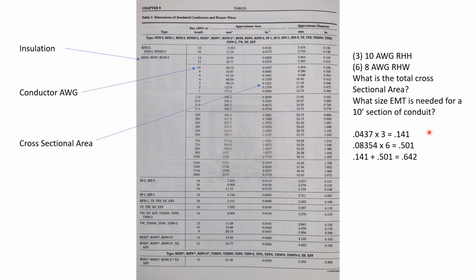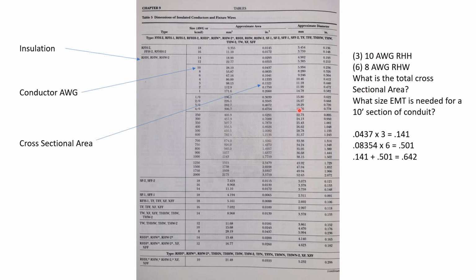So here we go. We look at our table, and the number 10s are 0.0437 square inches. We have 3 of them, so 0.0437 times 3 is 0.141. That takes care of our 3 number 10s.